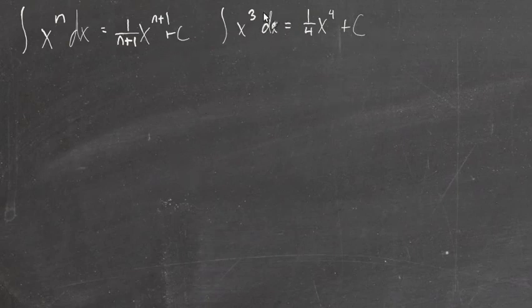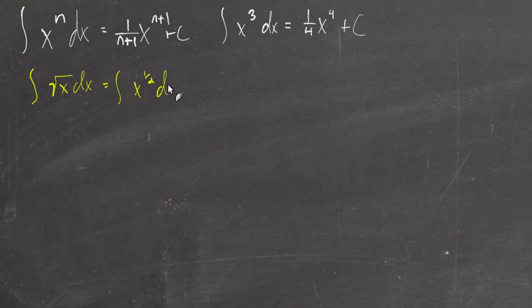Now let's try this. This applies to every power, actually almost every power. That's what we're going to talk about today. Even if I had something like the antiderivative of the square root of x, this can be written as a power of x. It can be written as the antiderivative of x to the 1/2 power, and then we apply this reasoning here.